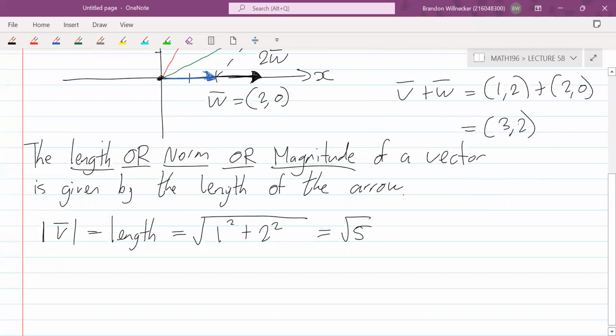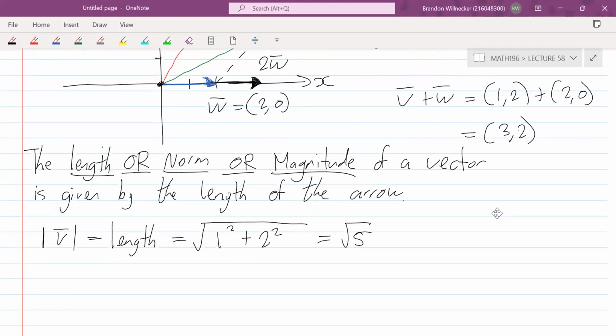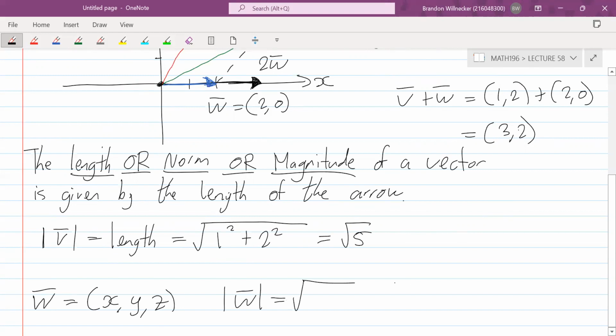Now, in general, we take the sum of the squares of the components and then take the square root. So if we had a vector W, which was x, y, z, then the length of W would be the square root, and then we just use the distance formula again. So it would be x squared plus y squared plus z squared. That gives us the length of the vector.